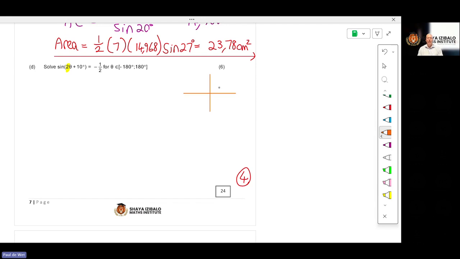Sine 2 theta equals negative a half, because I checked. So negative sine 30. Yeah, I'm going to do it slightly differently, but yes, you've got 30 degrees. Then what did you do? I said 2 theta.